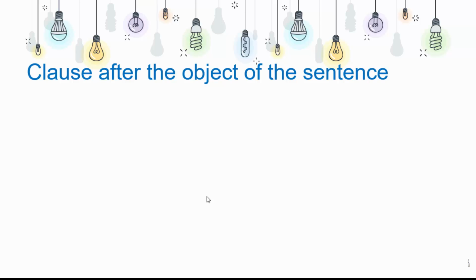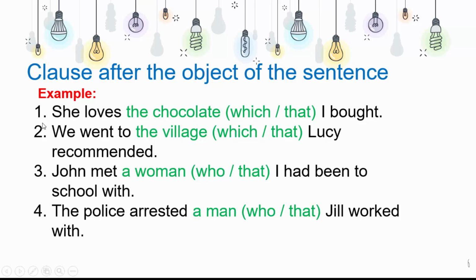In this case, it's about the clause after the object of the sentence. Look at the example. She loves the chocolate, which or that I bought. So we want to explain the chocolate that I bought. Number two, we went to the village, which or that Lucy recommended.